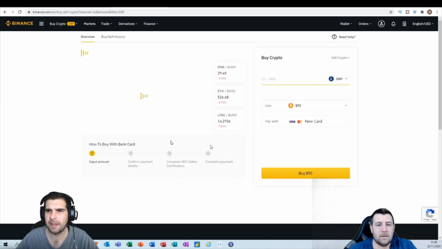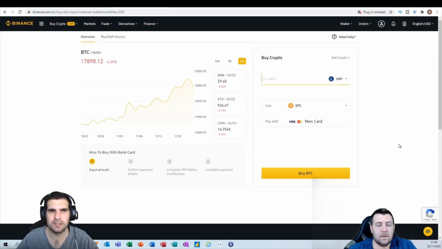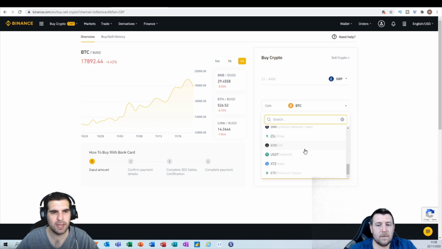That's then going to load up a very basic purchasing screen, right? The first thing that preloads is Bitcoin, which is what you're going to want if you're looking to purchase something like 𝗕𝗓𝗪𝗔𝗡. Now, there are a few exceptions here that you can buy straight away using a debit card, right?